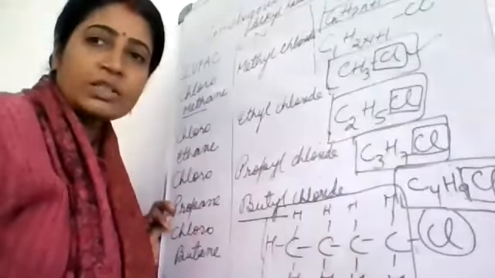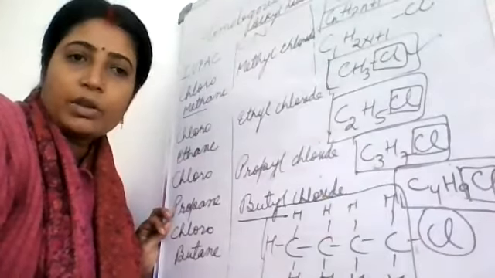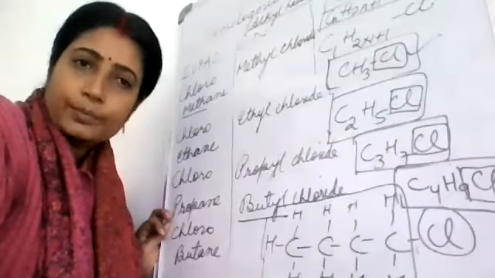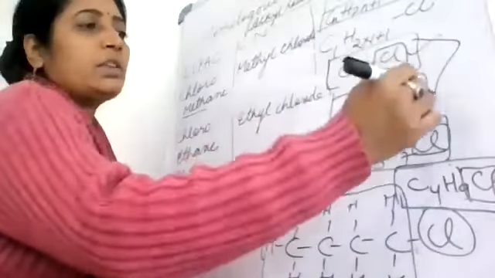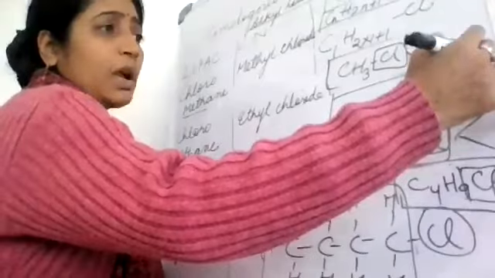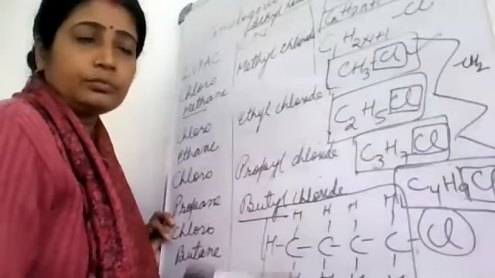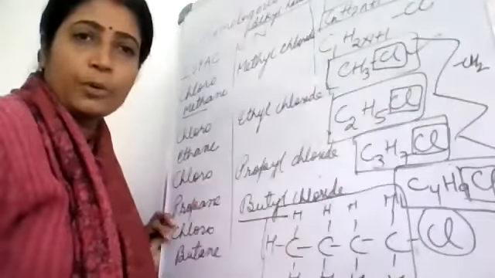If the functional group is same, then the chemical properties are same. But one member is differing from its adjacent member by a CH2 group.